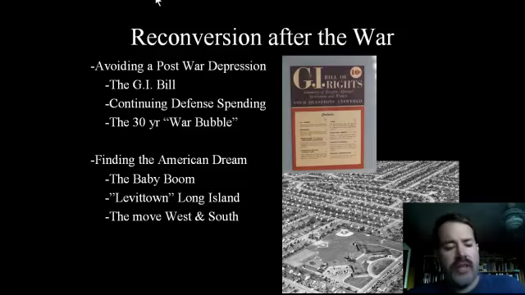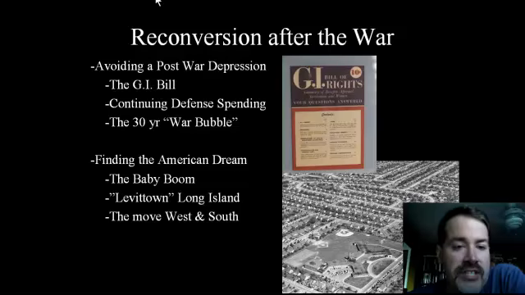Another problem when it comes to the end of wars is the dislocation of labor forces. Because in any war, you have part of the population being recruited or drafted and being sent overseas. These are normally people who would be in the American economy making stuff, either as blue-collar or white-collar workers.